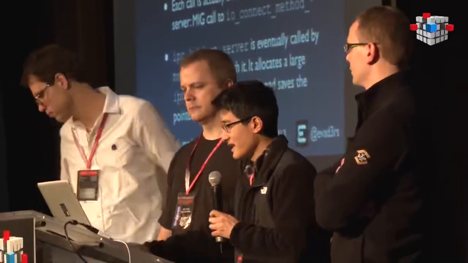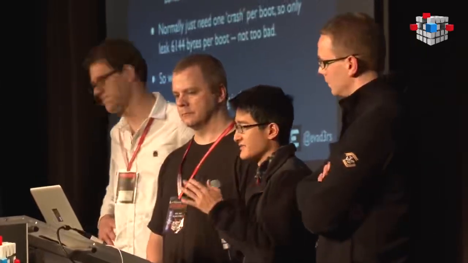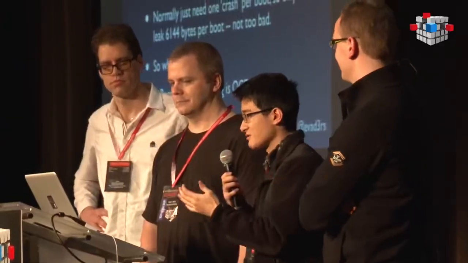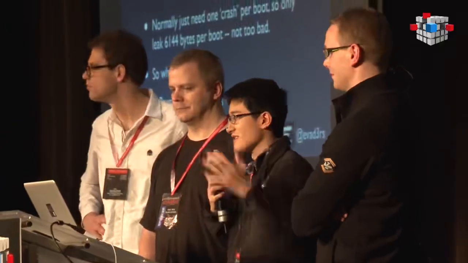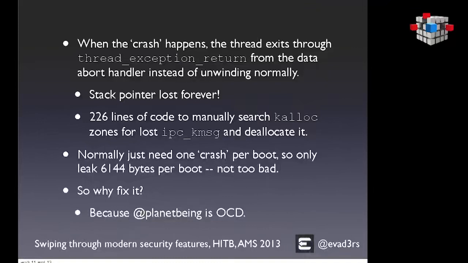And unfortunately, this reply is allocated on the kalloc heap, and the value of the pointer is stored on the stack. But before we can properly return and unwind the stack, we call the data abort handler, and that exits kernel mode through a function called thread_exception_return, and that doesn't unwind the stack normally. So that current kernel stack is lost forever.